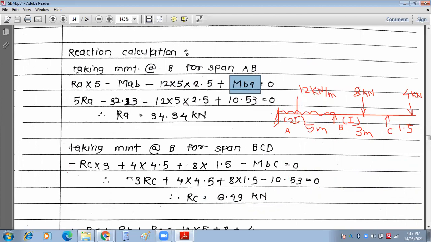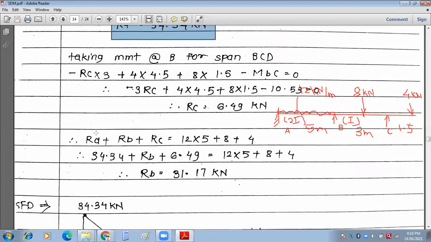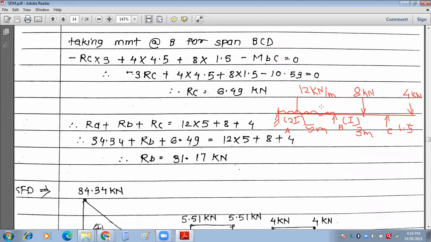Now as we know, the moment AB is 32.23 and BA is 10.53. Now put these values, all other values are known, only reaction RA is unknown. Now solve this, you'll be getting the reaction RA.